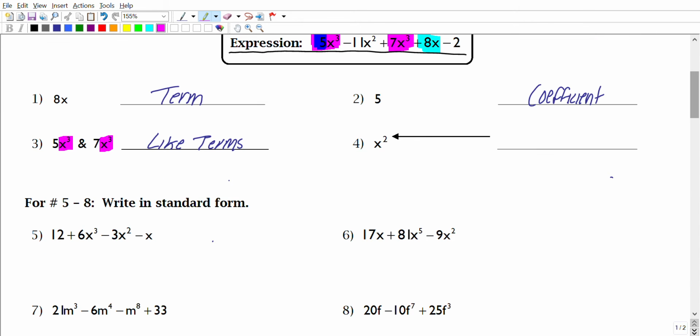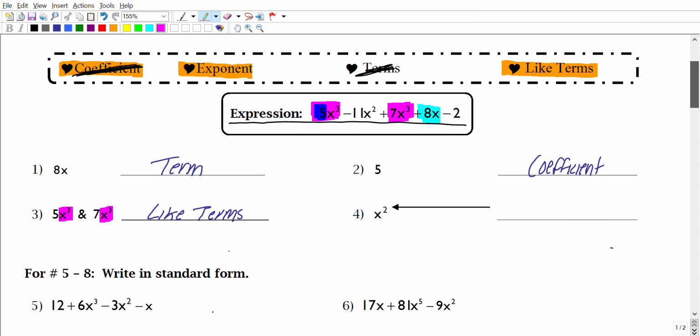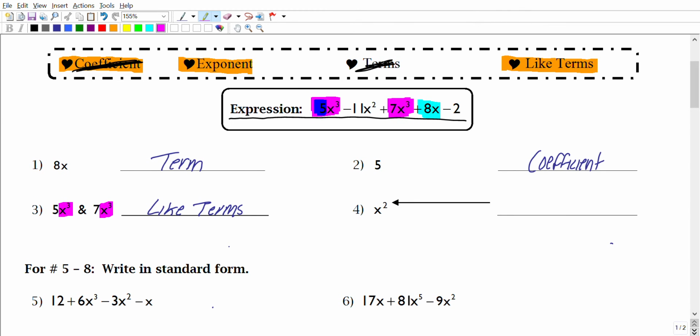Because they both have that x cubed, that means you can go ahead and combine those because they are like terms. And finally here we have this positive 2 in the degree, and another word for the degree here is exponent. I'm sure you guys knew that one by now, but now we've officially used all 4 of our terms that we learned about yesterday.